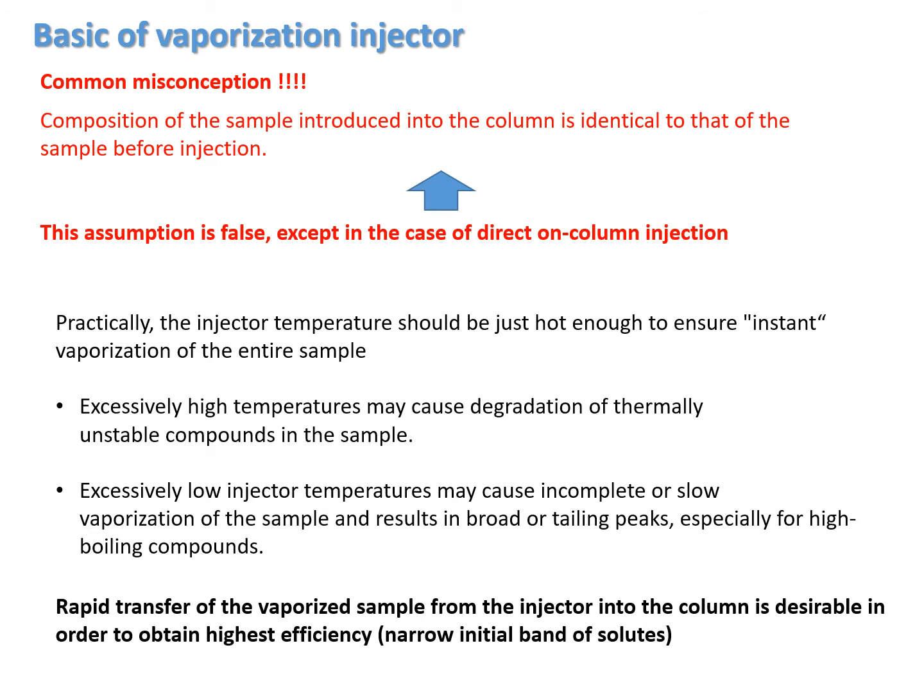Excessively low injector temperature may also cause incomplete or slow vaporization of the sample and may result in broad or tailing peaks, especially for high boiling point compounds. Therefore, a rapid transfer of the vaporized sample from the injector into the column is desirable in order to obtain the highest efficiency.